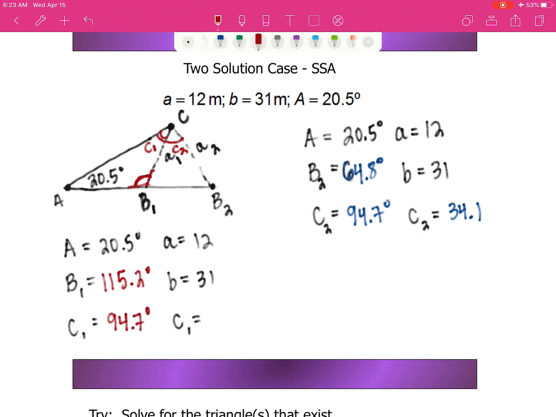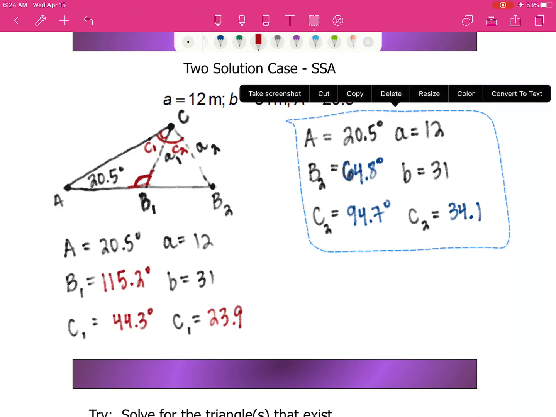C1 now becomes 94.7 degrees. I'm sorry, 44.3 degrees. I was going to say that's a big angle. That doesn't work. You go over 180 degrees. 44.3 degrees, and then side C1 across from the 44.3 degrees is 23.9.